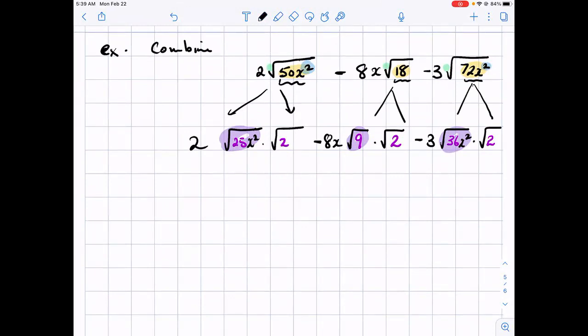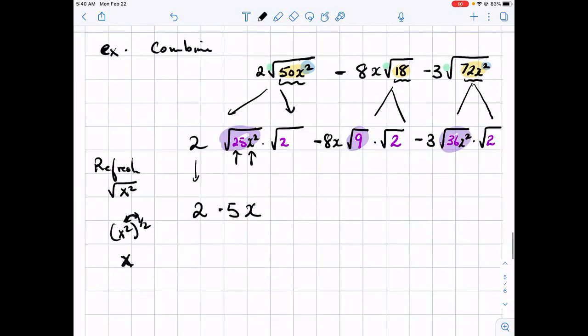Now let's see what happens. So I have my 2 comes down. Now the root of 25 is 5, and the root of x squared is x. If you're wondering, just to refresh, the square root of x squared is the same as x squared raised to the 1/2 power, and 1/2 times 2 is just 1, and that's why I'm getting just x.